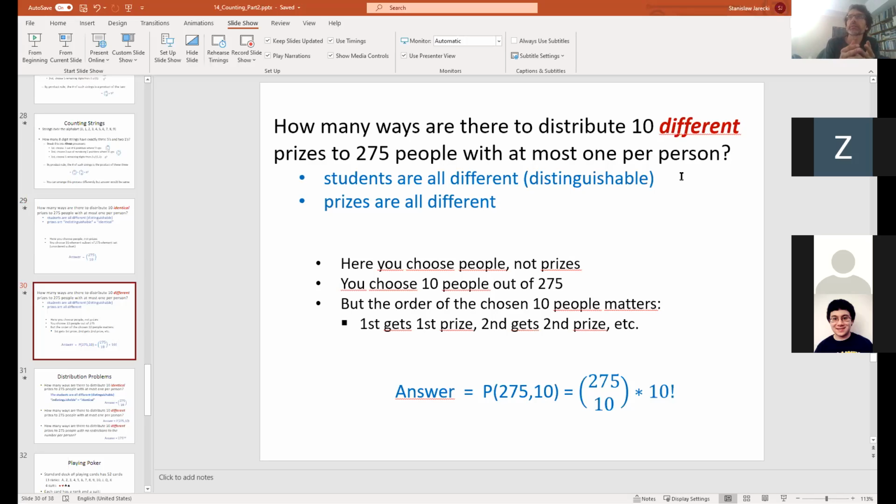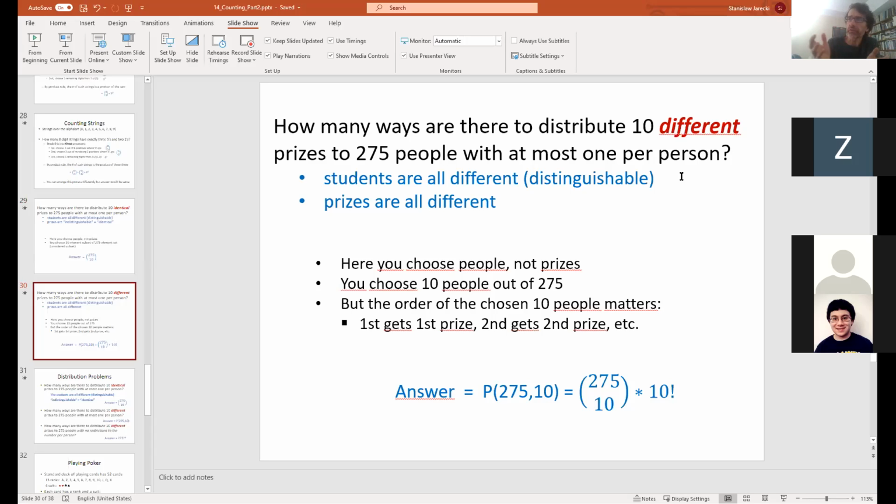In both cases there couldn't be repeats: you cannot place two prizes on the same person, so choosing the same element from a 275 element set cannot be done.